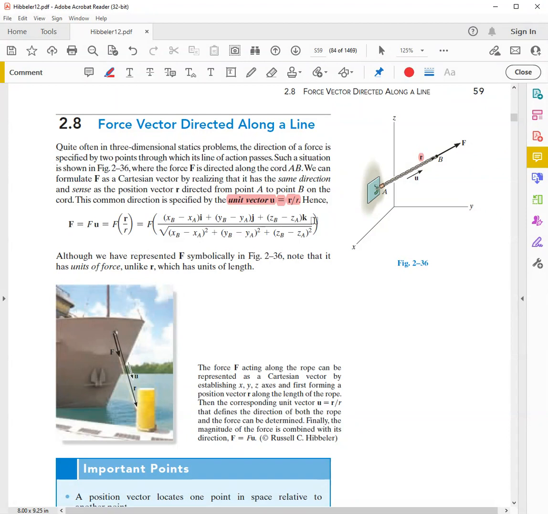And then we multiply by the magnitude of the force again. That's a separate piece of information that's given, nothing to do in general with the distance AB. And we get the force vector when the line of action is given in 3 dimensions.